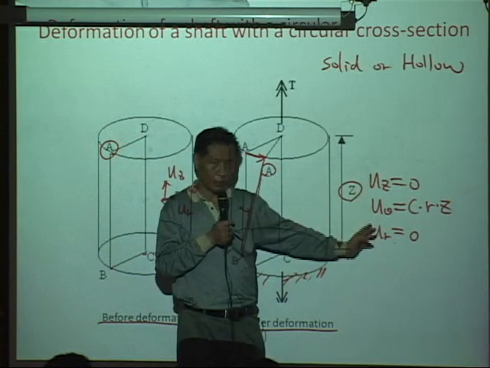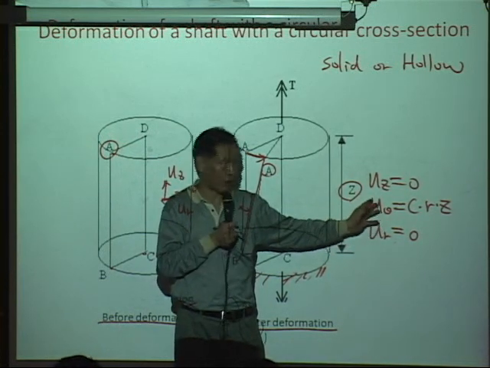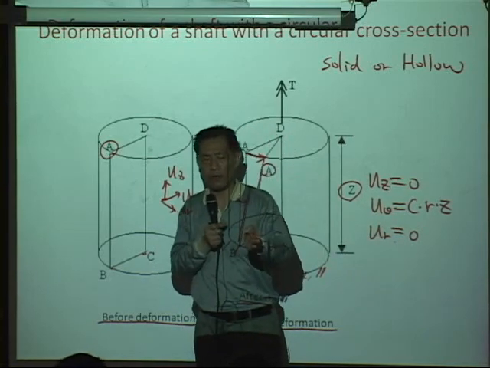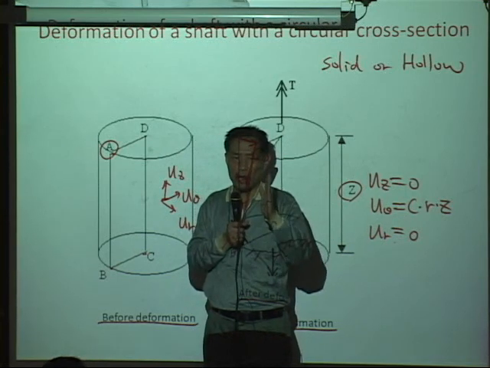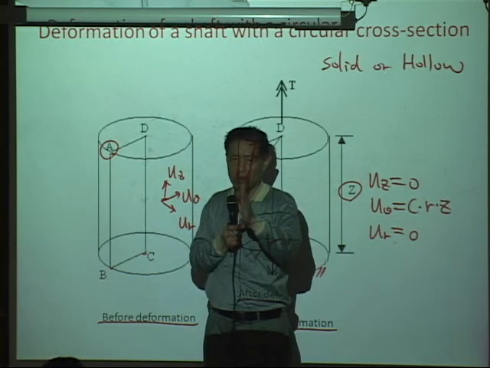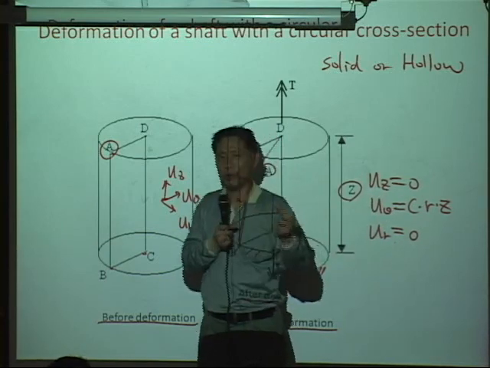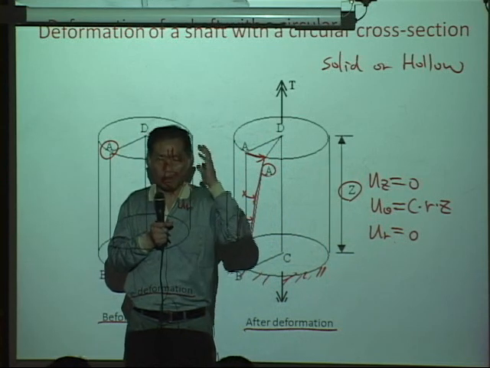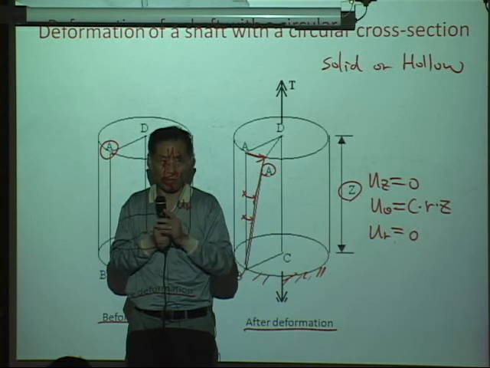Once we understand the displacement in terms of the coordinate system, the next step is straightforward: we have strain-displacement relations. So using this displacement, we are able to get strains, and also we have a strain-stress relation, which is the material property.